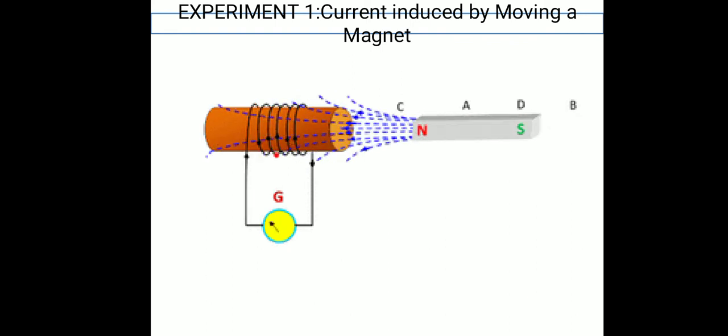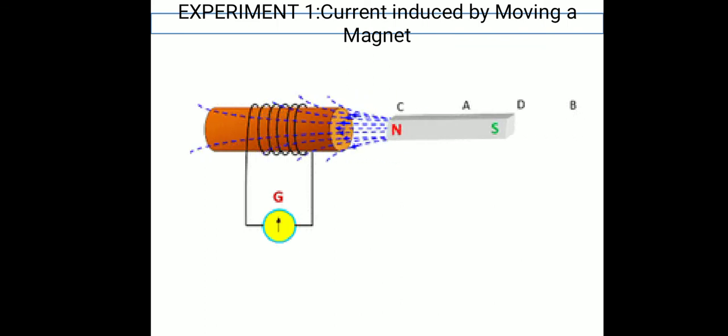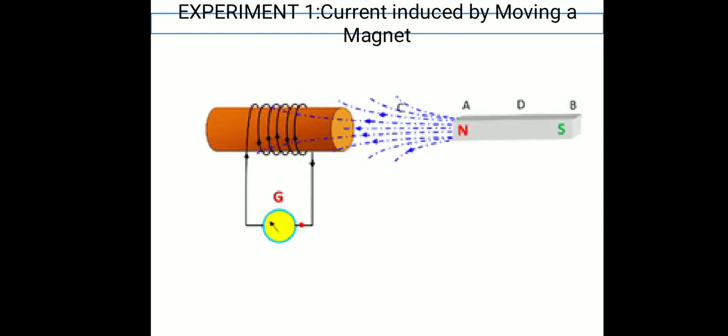The experimental arrangement used by Faraday consists of a coil C of a few turns. A sensitive galvanometer G is included in series with the coil.